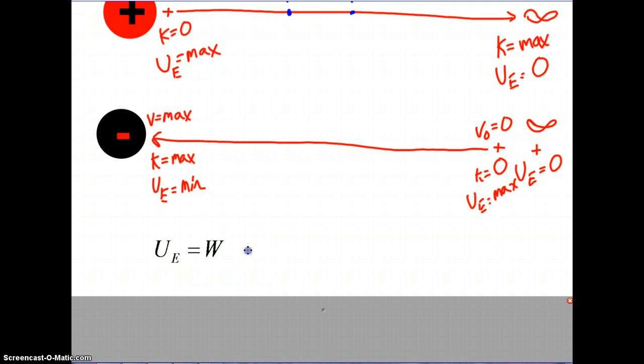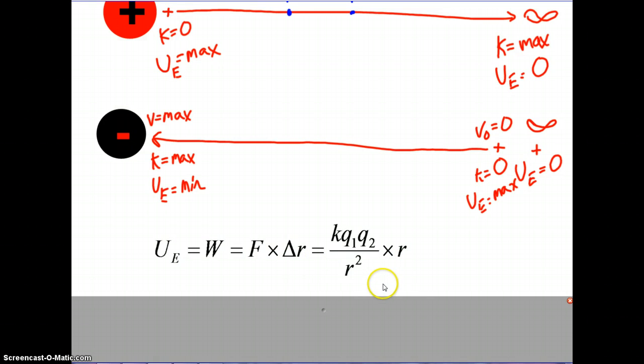And remember that work done is force times change in displacement, or F times delta R. Well, the force is going to be, for two charges, K Q1 Q2 over R squared times delta R, which we'll just say is R, the distance that we move it.